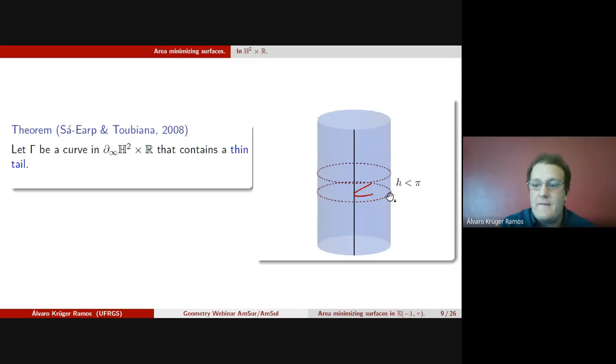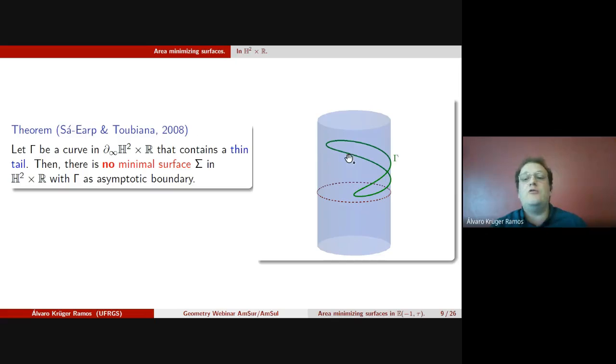It cannot go very far on this asymptotic boundary. The height has to be less than pi. So this is a thin tail. If the curve contains a thin tail, like this curve here, for example, then you don't have any minimal surface in H2 cross R with that asymptotic boundary. So this is a stronger non-existence theorem, because it states that there is no minimal surface. If there is no minimal surface, there is also no area minimizing surface.